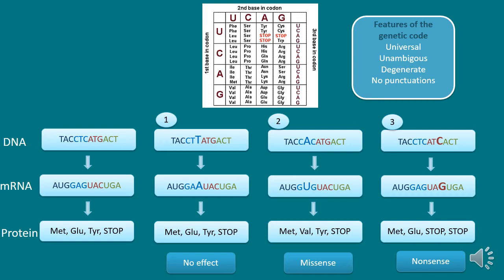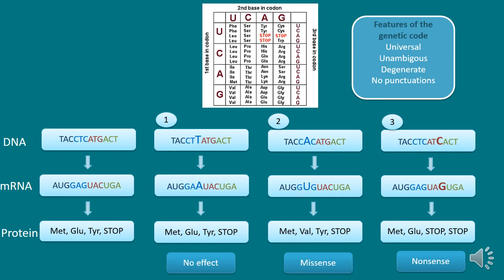So what is the effect of this DNA mutation on RNA? The RNA molecule also is mutated. In the normal molecule, the second codon is GAG, and in this case, the second codon is changed into GUG.